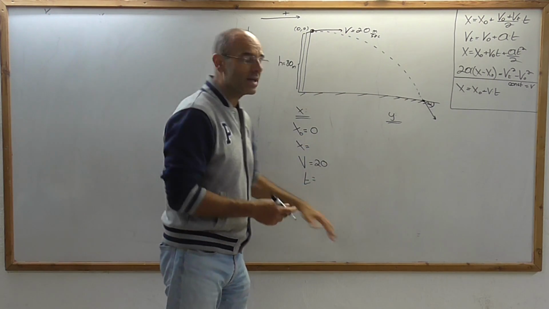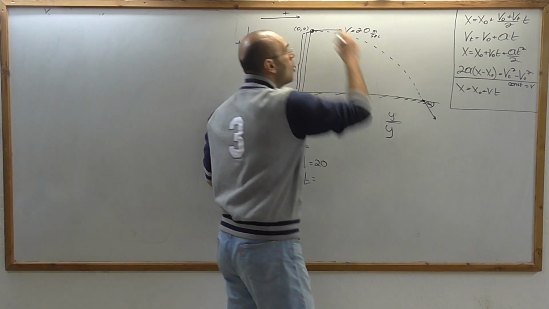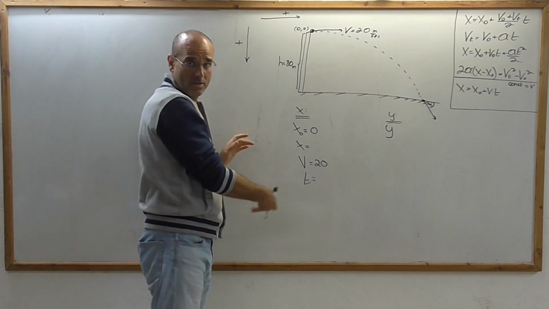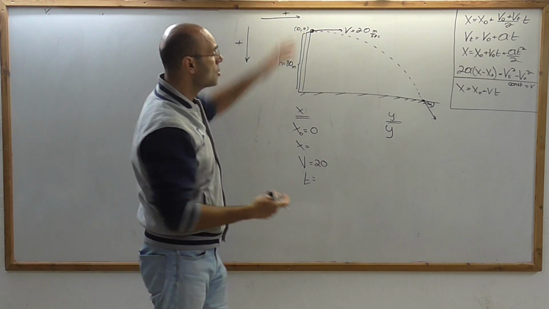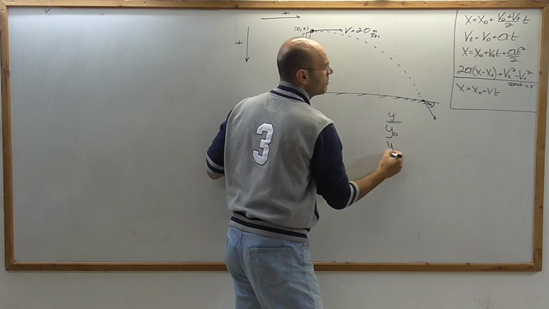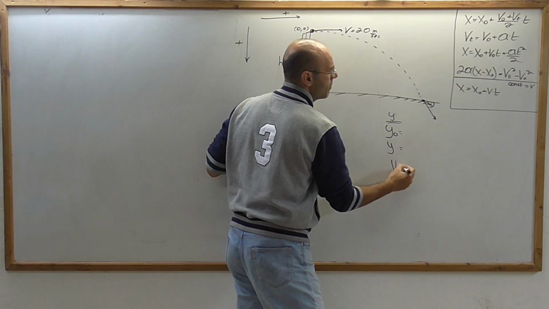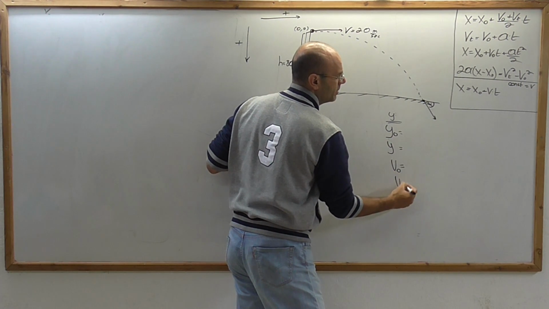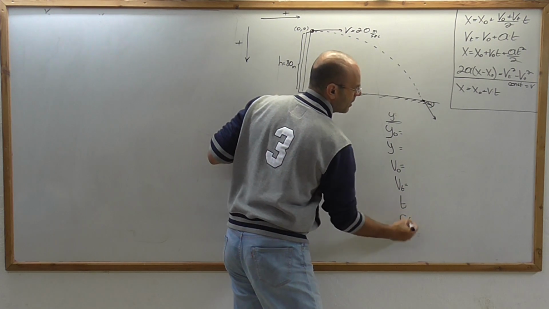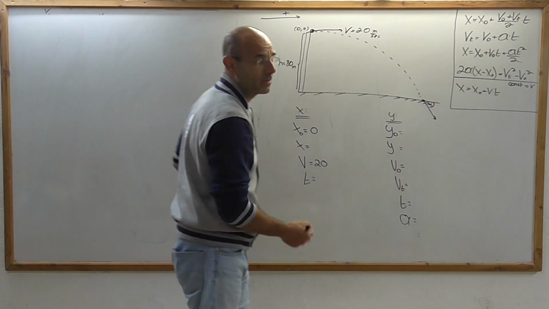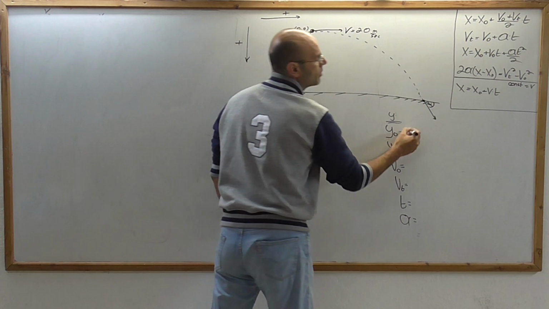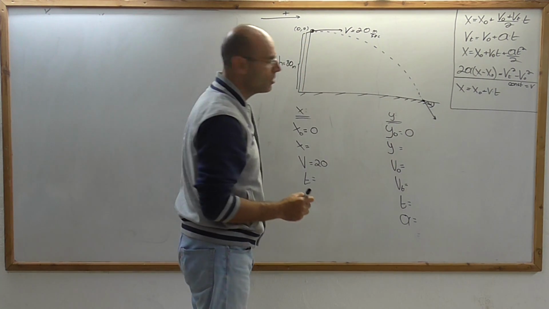Let's go now to the y-axis. Obviously it accelerates downwards as we know. So I'll write all the 6 variables: y0, y final, V0, V final, time, and a. Okay, let's start. Y0 is 0. It started here in the origin.